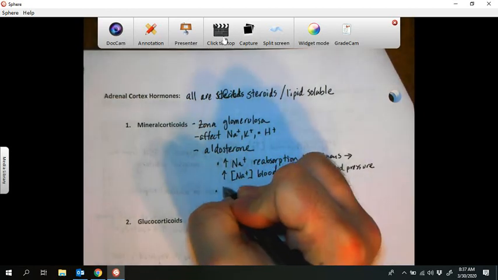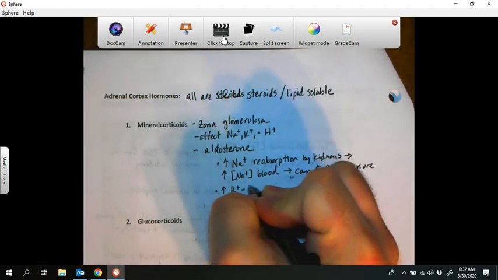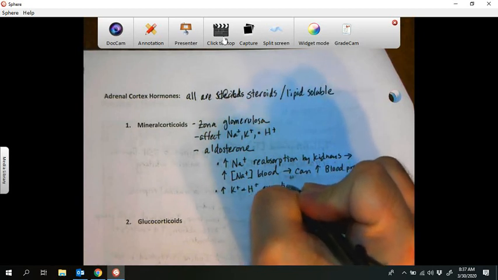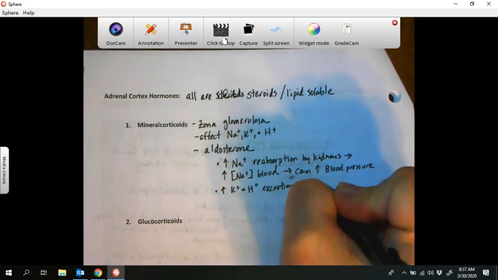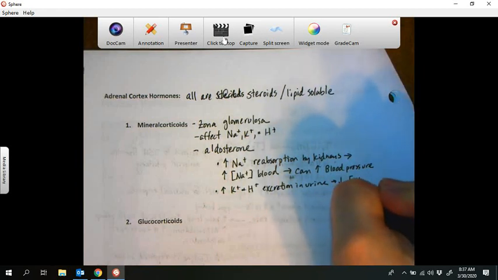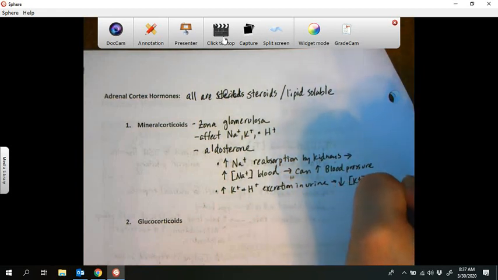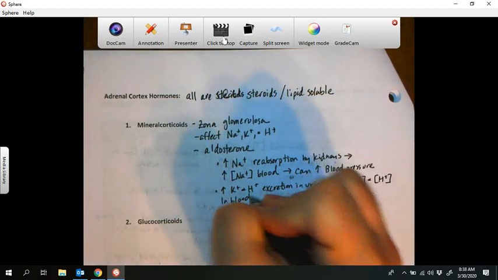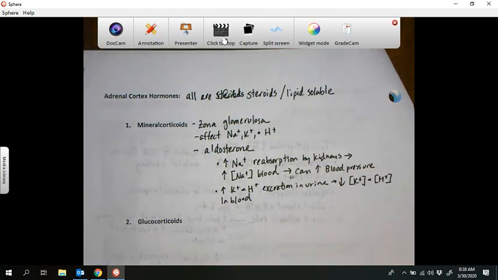This also increases K+ and H+ excretion in urine, which tends to decrease the concentration of K+ and H+ in the blood. So if we have an increase in aldosterone in our body, it can cause a condition called alkalosis, or high blood pH.